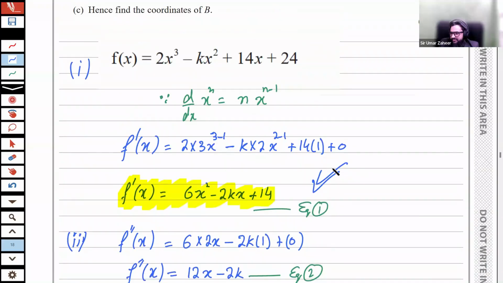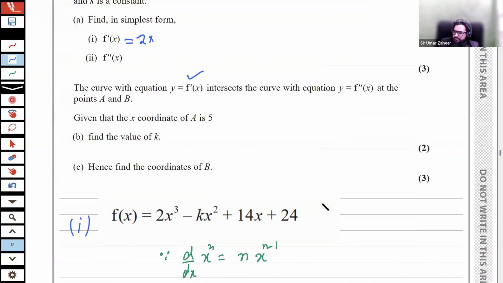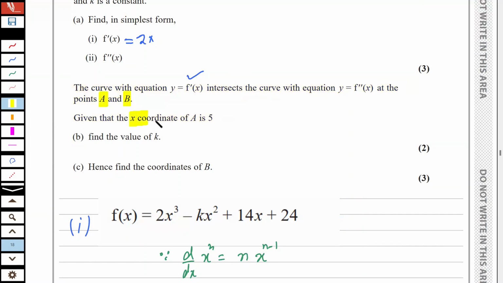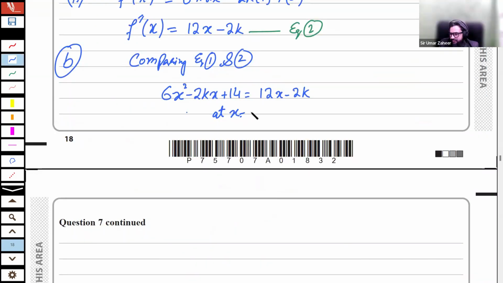And one more piece of information is given. What is the information here? Anyone? Read this statement and tell me what the main information given here is. Clearly, it is given that they are intersecting at A and B, and the x coordinate is given, that is x is equal to 5.